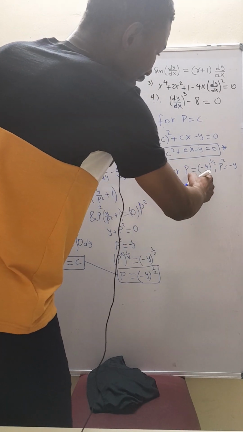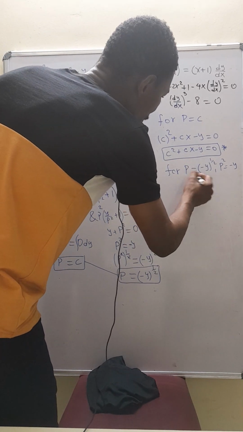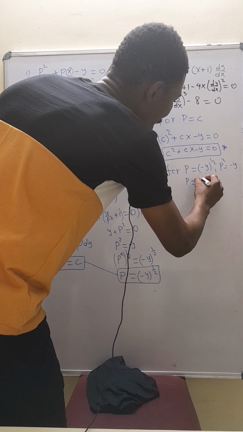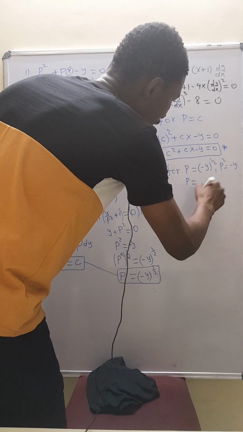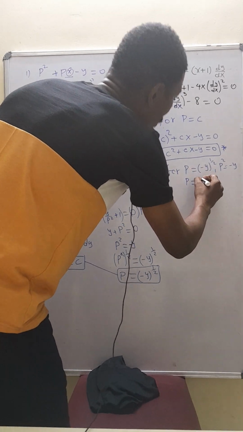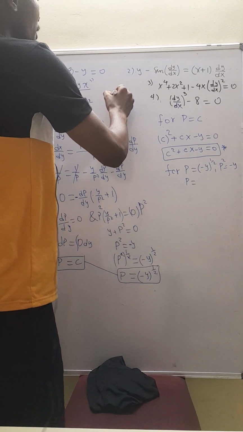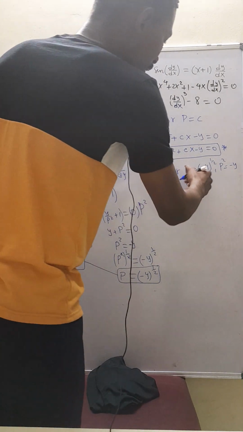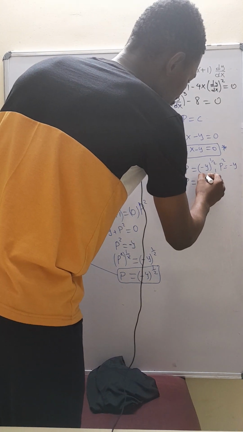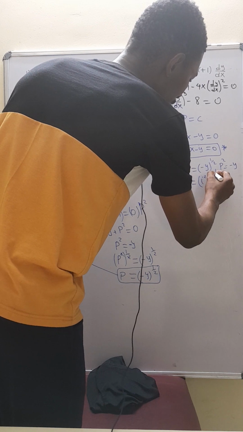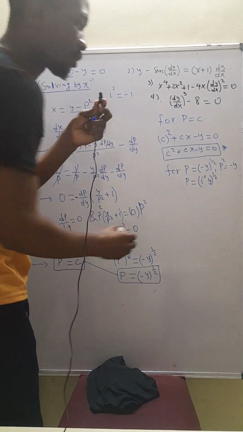Instead of writing it like this, you can also write it this way. This is minus 1, and we know that in complex numbers, i squared is equal to minus 1. So here I can put i squared times y, raised to 1 by 2.